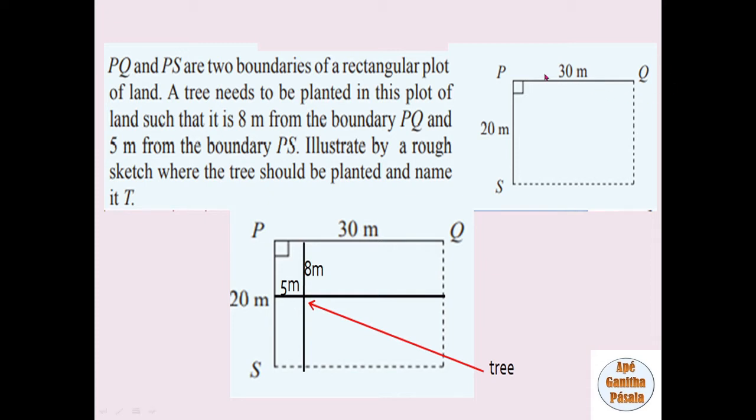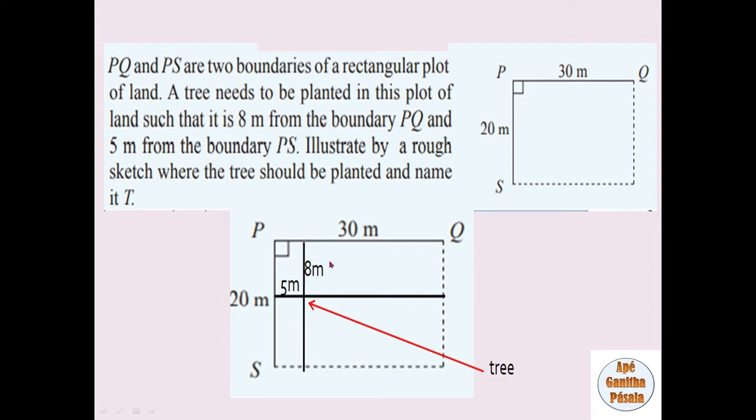This is PQ. So 8 meters away from that, this is the line 8 meters away from PQ. And 5 meters away from boundary PS. This is PS. So 5 meters away, so this is the line.